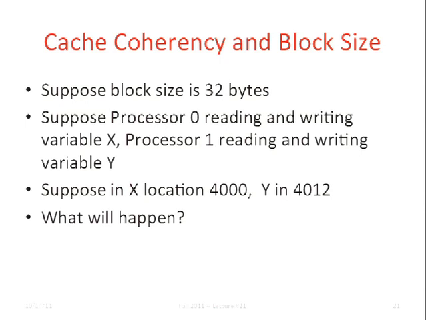This is what's called false sharing, and it can cause caches to be unnecessarily inefficient. You can get more misses than you should, and misses are very expensive because we're trying to keep that cache hit rate high so that we can keep our processor going at full speed. If we get a cache miss, we have to stall the processor and wait for that miss to be resolved.